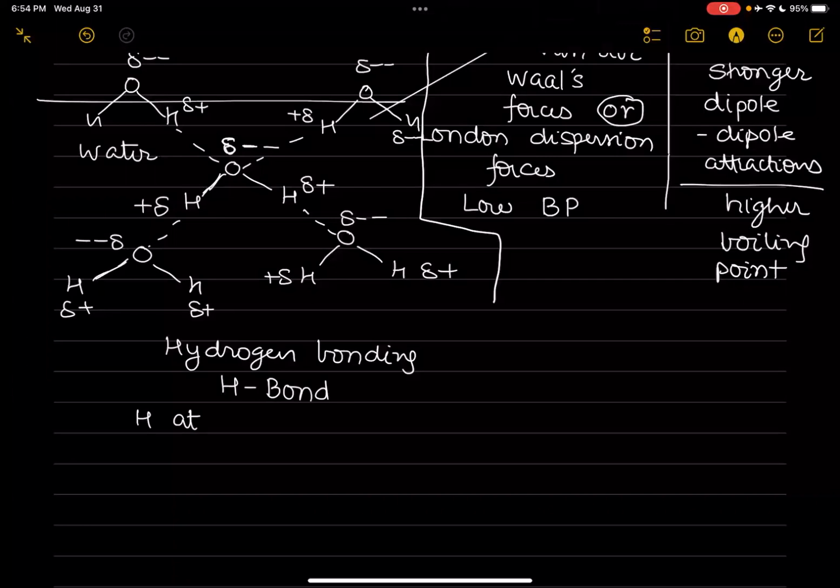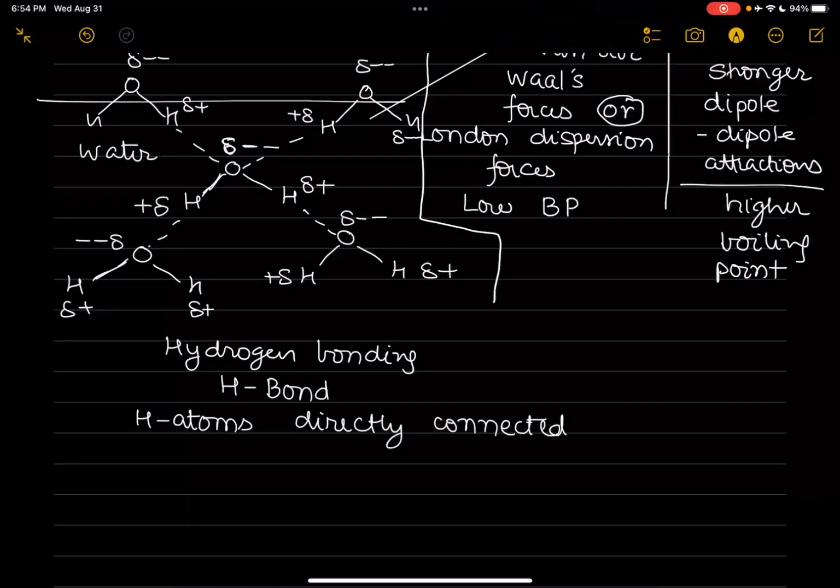So which type of hydrogen exhibits H bond?